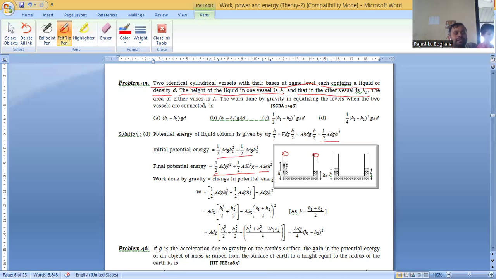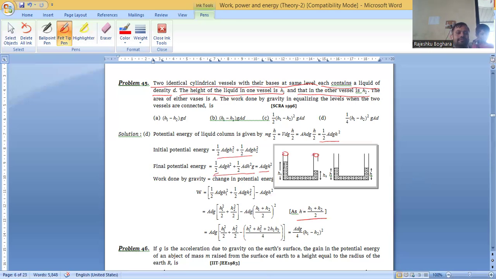The work done is equal to the change in potential energy, initial potential energy minus final potential energy. So Adg common, write H1 squared by 2 plus H2 squared by 2 minus Adg H squared. But here we take H as the average of H1 and H2, so H is equal to H1 plus H2 by 2.